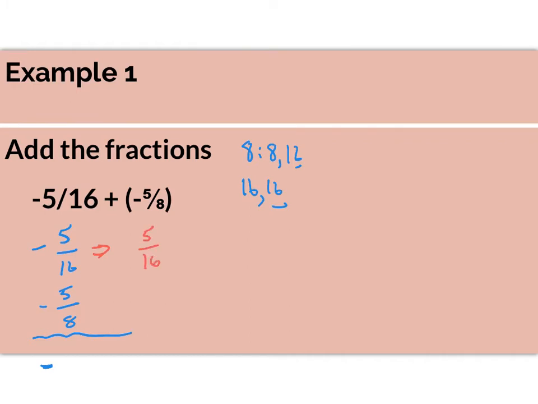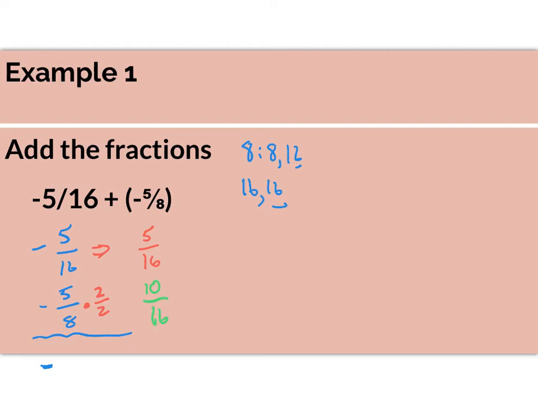Now with 5/8, we have to convert this. So what we're going to do here is multiply by 2 over 2, and we get an equivalent fraction of 10 over 16.